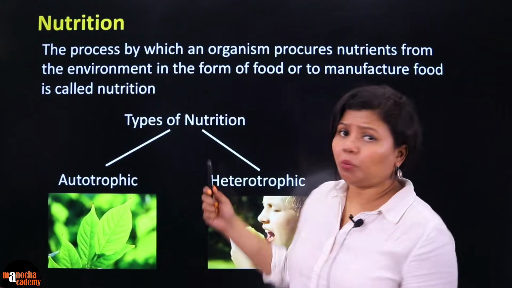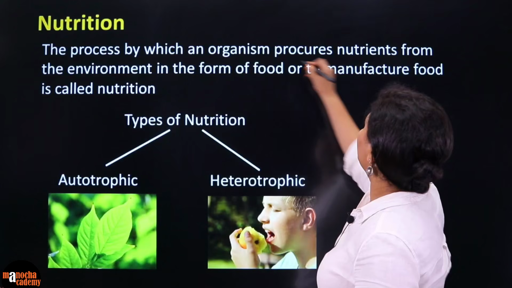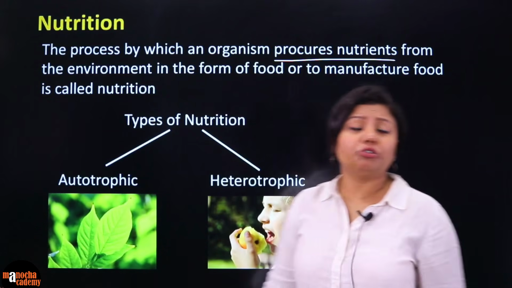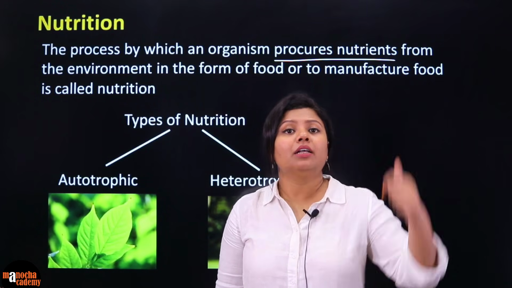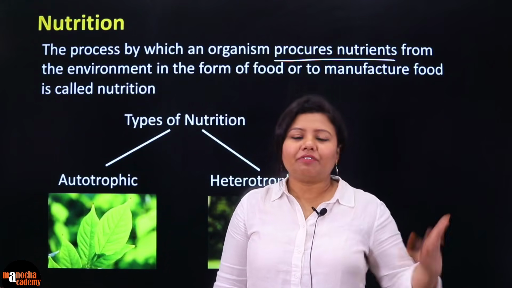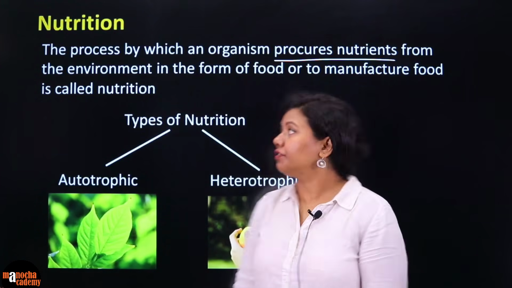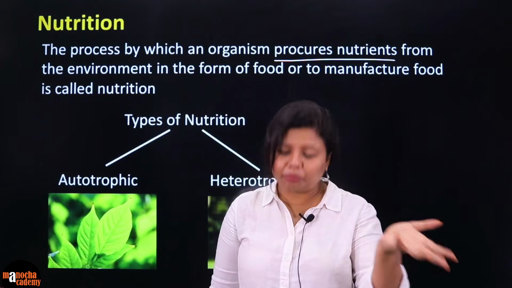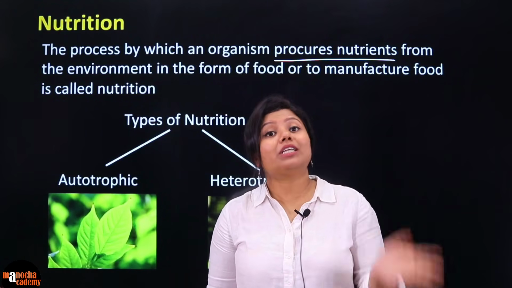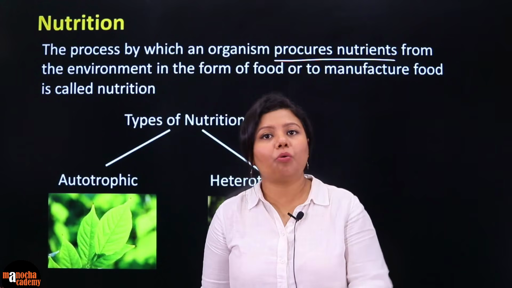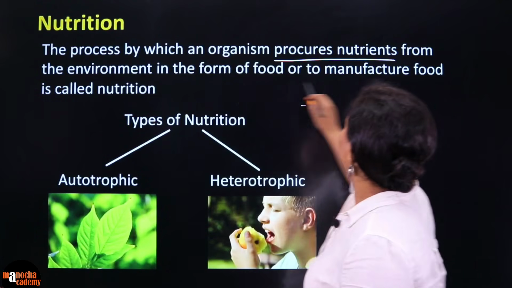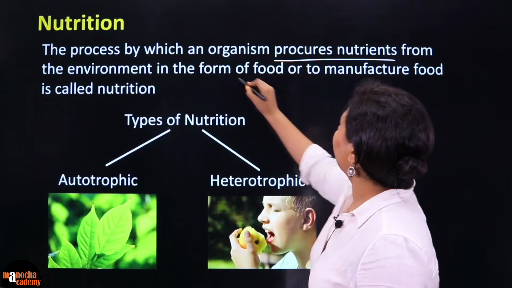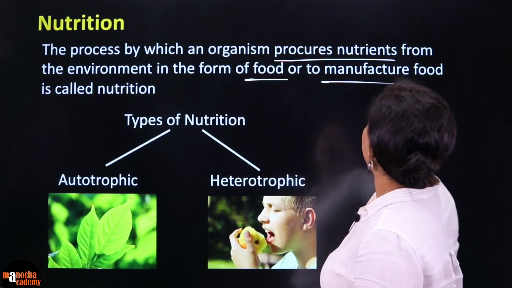Nutrition. What is nutrition? It is the process by which we procure nutrients, in the sense carbohydrate, protein, fat, vitamins, minerals, water. These are nutrients for us. We procure this from the environment, whereas plants make their own nutrients, right? We take it in the form of food, either take it or manufacture the food.